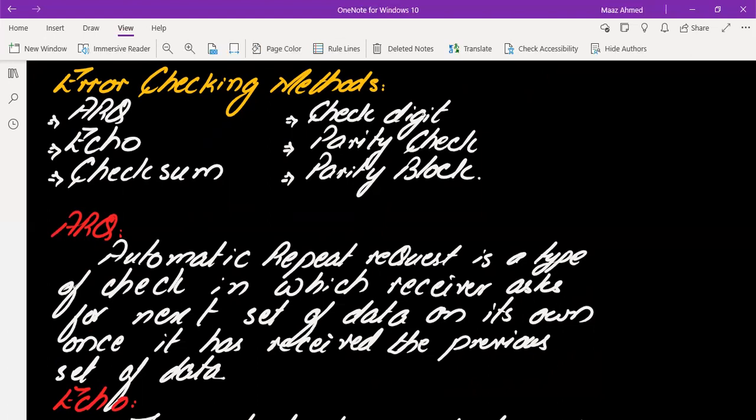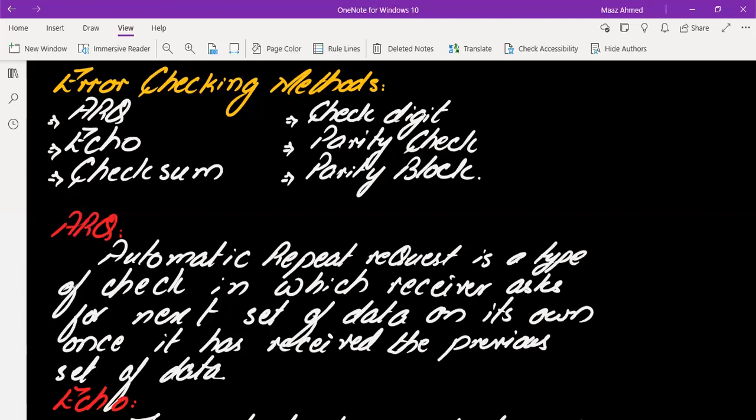Now, what does that mean? This means that if the receiver, like you guys are the receiver right now, if you are catching up my data, you will be requesting the next set of the data on your own in the set time interval. What does that mean? I'm just sending you the data. Once it has been received by you, now you will be asking me for the next set of the data on your own.